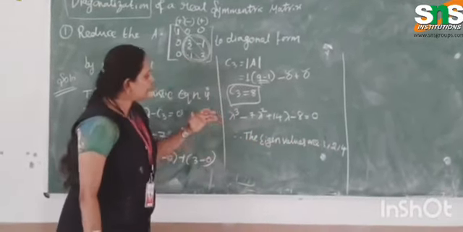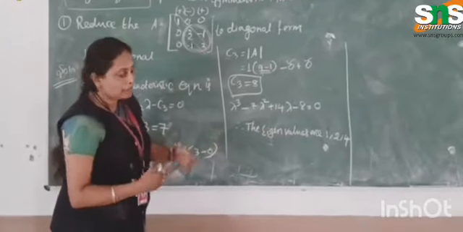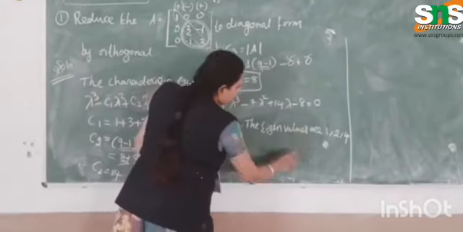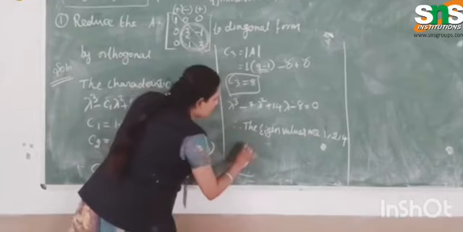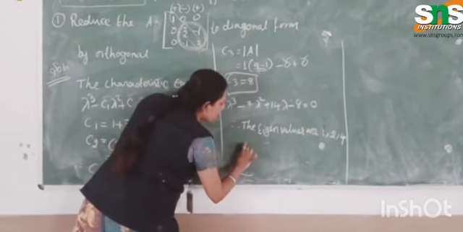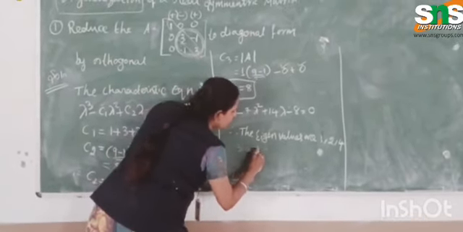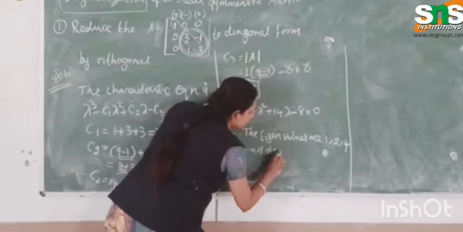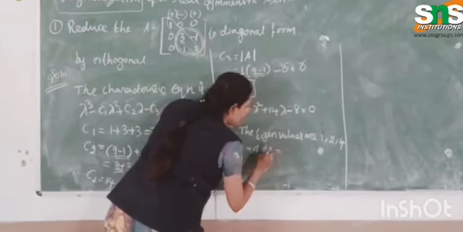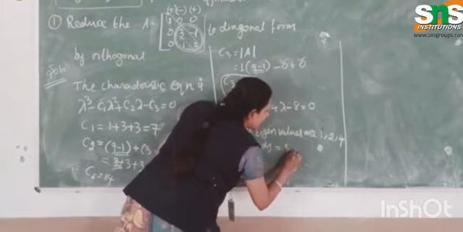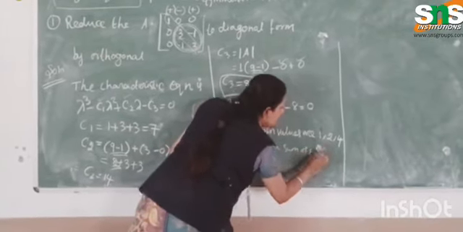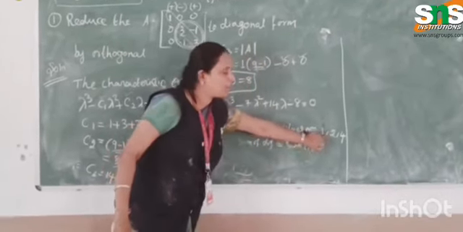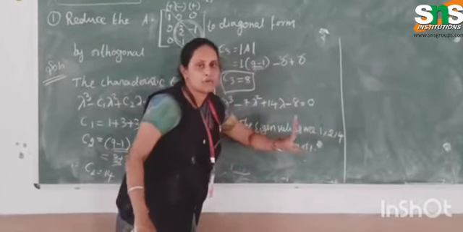Now we check using the properties. The first property: sum of diagonal elements equals sum of eigenvalues. Adding the eigenvalues, 1 plus 2 is 3, 3 plus 4 is 7.